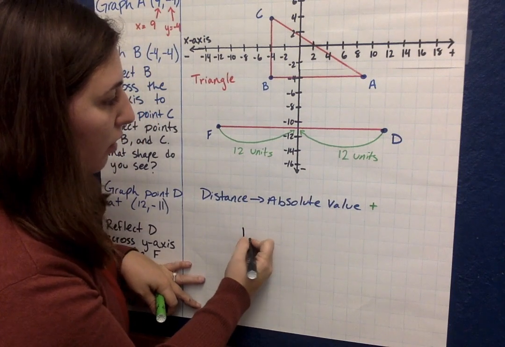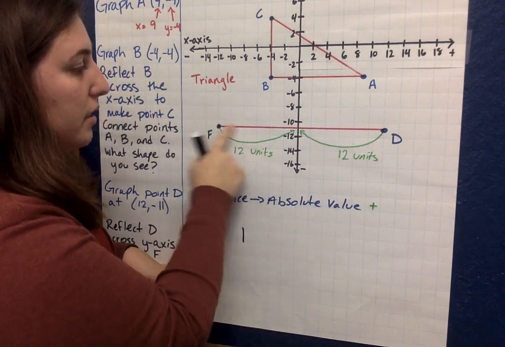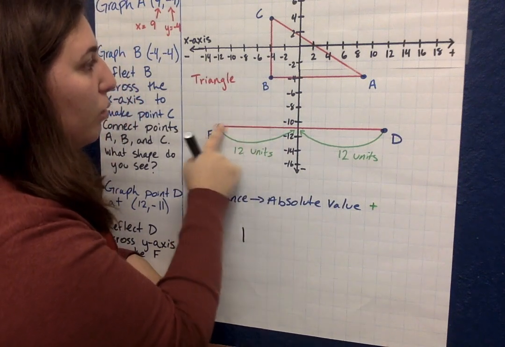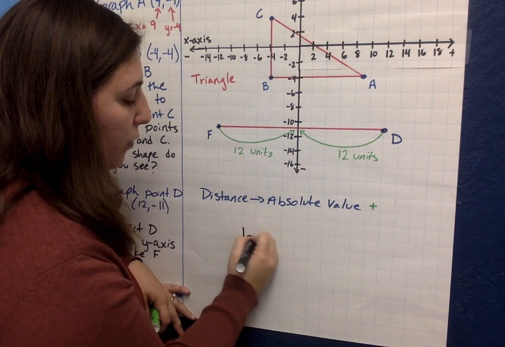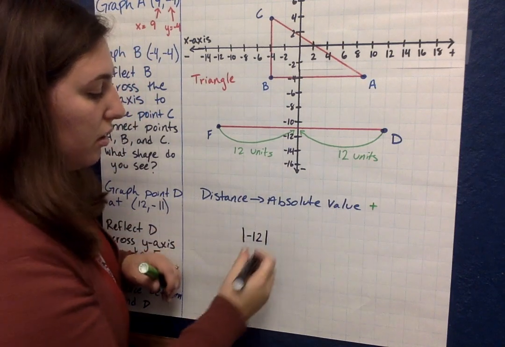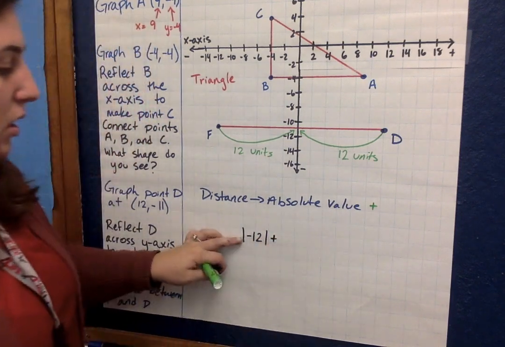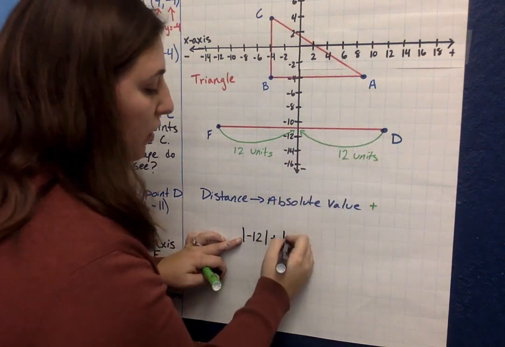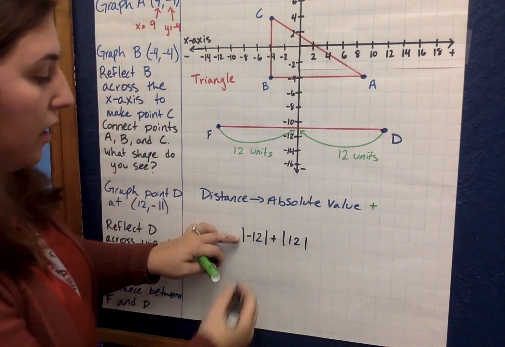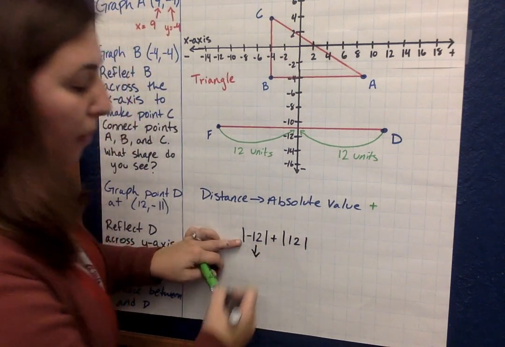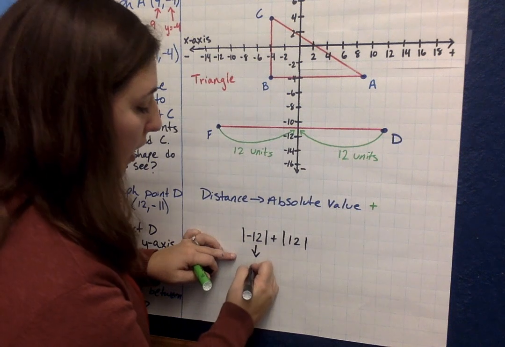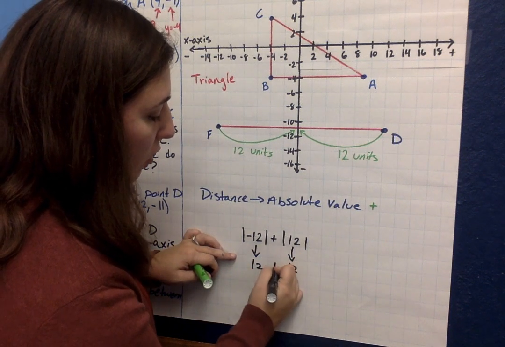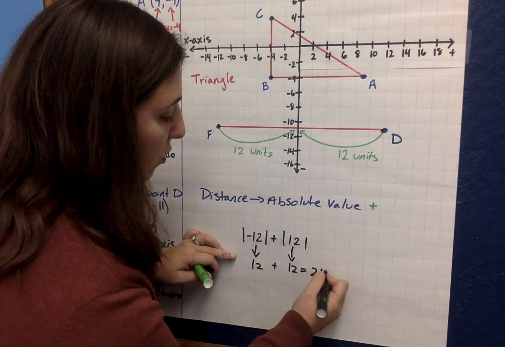The absolute value of this distance, from negative 12 to 0, so if we put negative 12 there, just to see what we would get in our absolute value, and then 12 over here because it's positive, this number is going to come out positive, remember? So we're going to have 12, and this number is going to come out positive. So 12 plus 12 will give us 24.